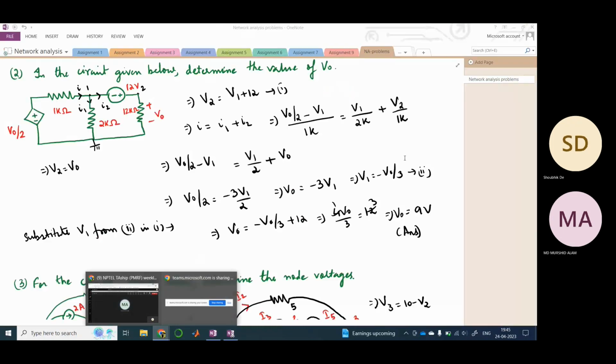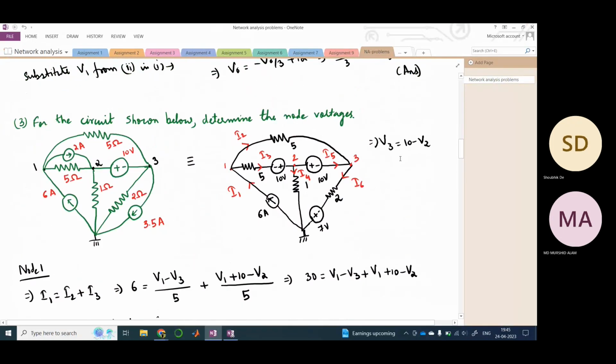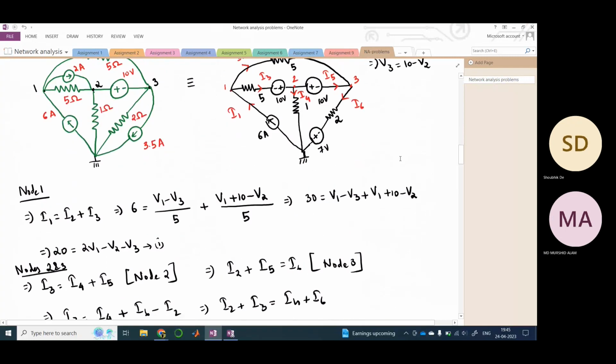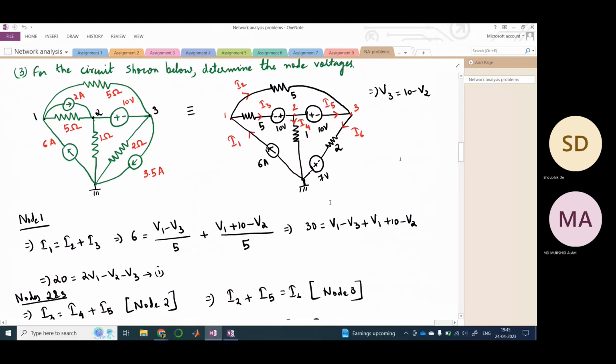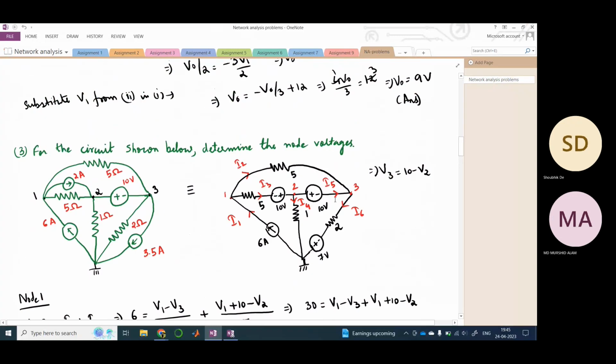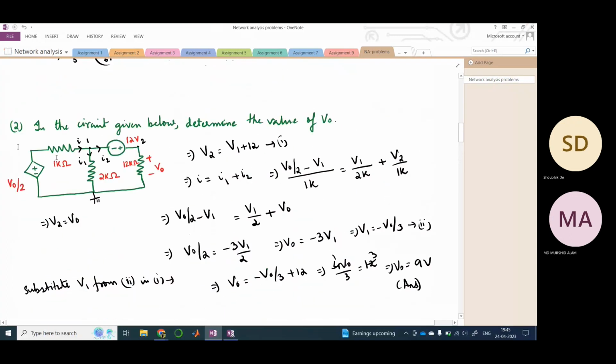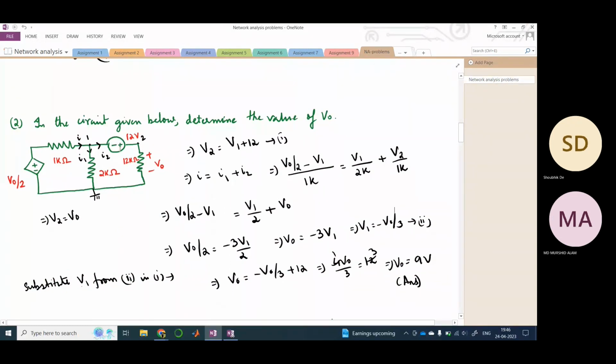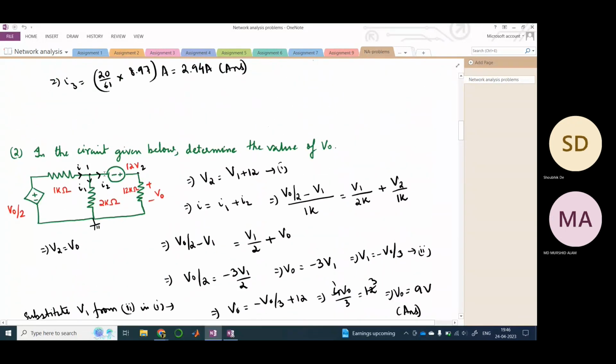Right. Can you see the screen now? Okay. So as I was saying, if you have understood the previous problem, you just need to note where the plus sign is pointing towards. In the previous question, it was pointing towards node 2.